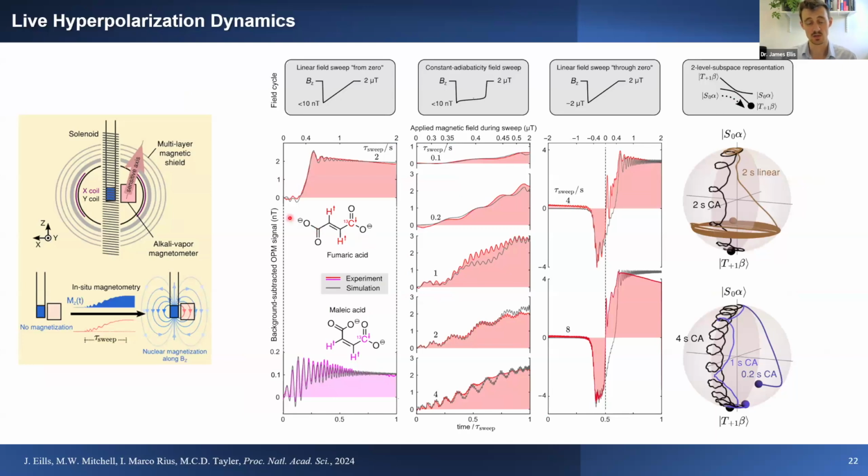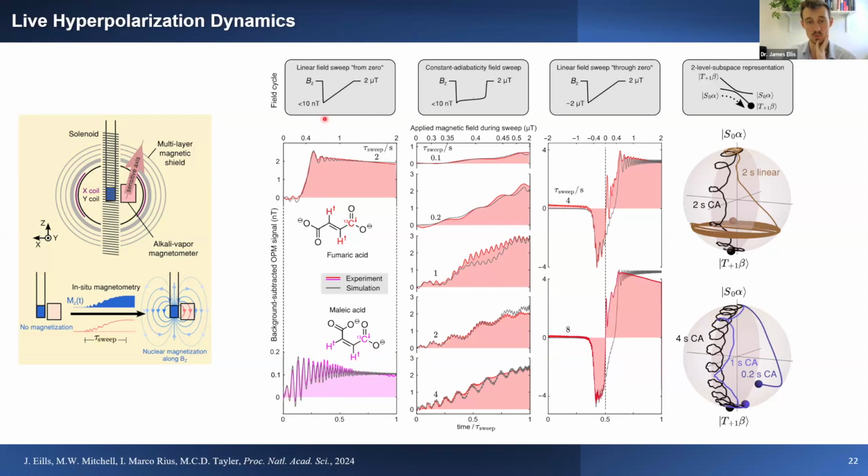We thought this is exciting because essentially now we can actually see the dynamics of the sample's magnetization in real time. So that case here is shown for fumarate, and we do a similar experiment with a similar molecule, maleic acid. And for this molecule, the J couplings are different, and we see completely different dynamics as we ramp up the field.